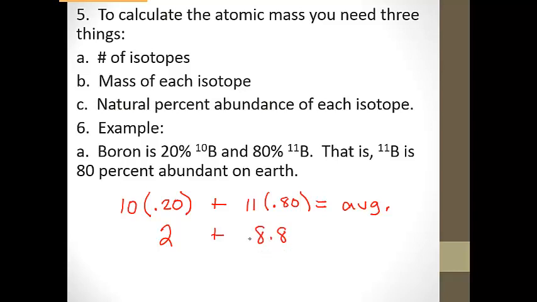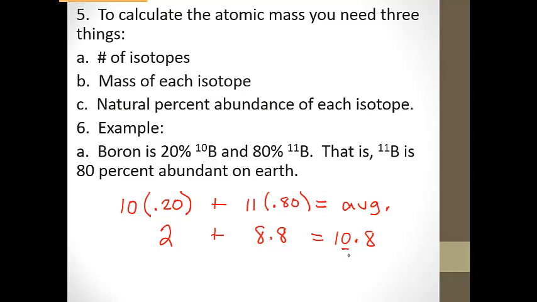And notice I'm not worrying about significant digits right now, mainly because I'm taking a percent times a number. So I want to keep all numbers for right now, and I'm only going to look at significant digits when I'm adding these 2 together. 2 plus 8.8 gives me 10.8, but when I'm adding, I'm only allowed to keep the lowest number of decimal places, which in this case is 0 decimal places because of the 2.